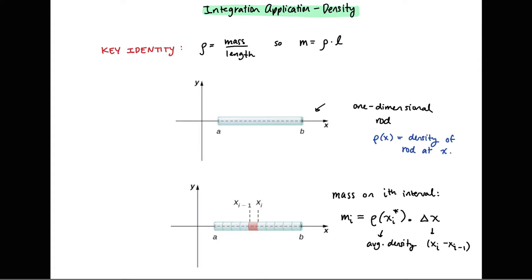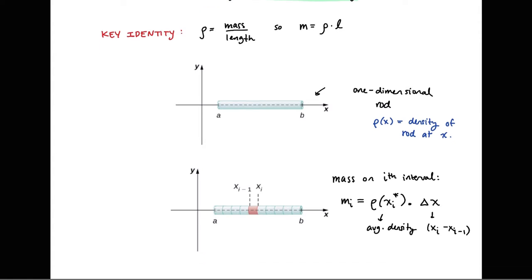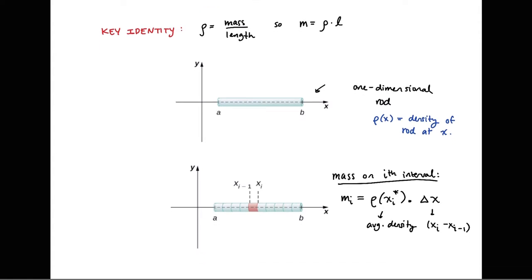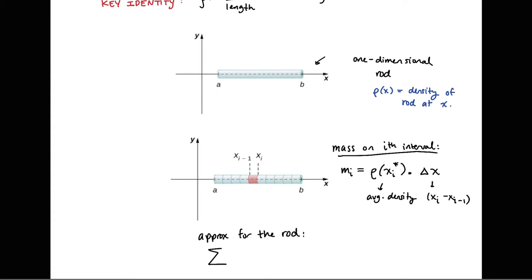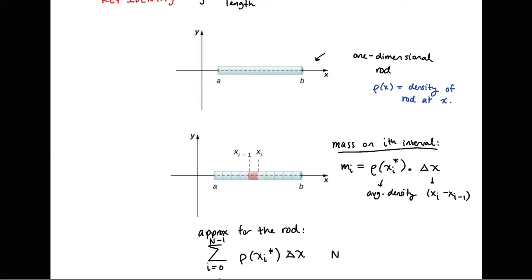And that's going to be uniform on all intervals, because that's what a partition is. Okay, so that's the mass on the ith interval. And if we wanted to find an approximate mass for the rod, we would add up those masses. We'd range our i from 0 to n minus 1, where n is the number of partition points.